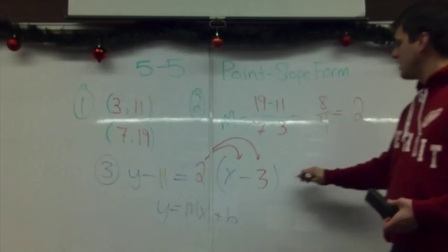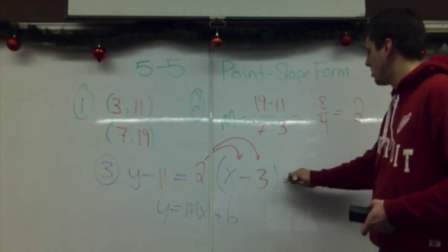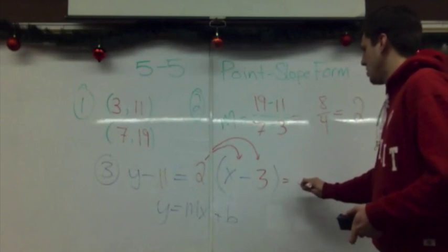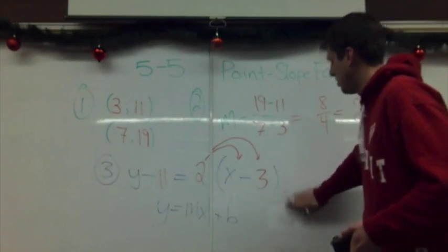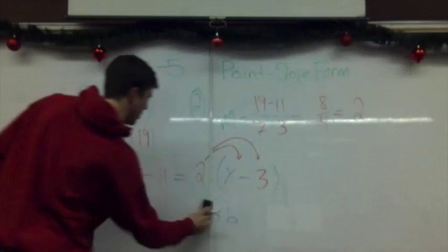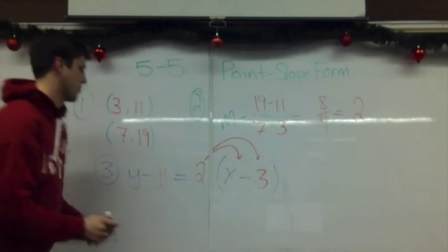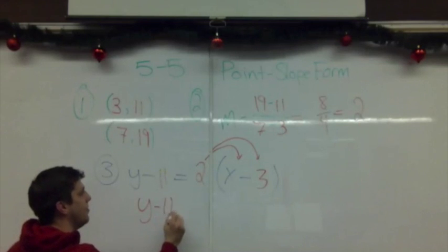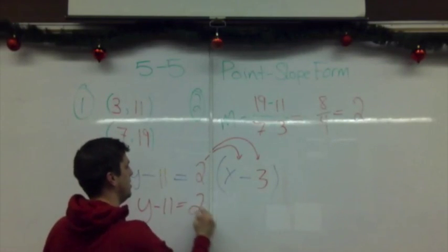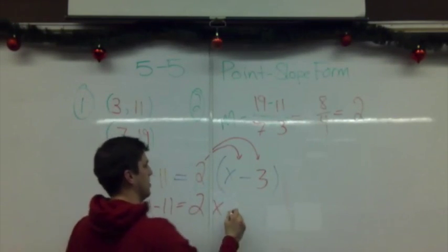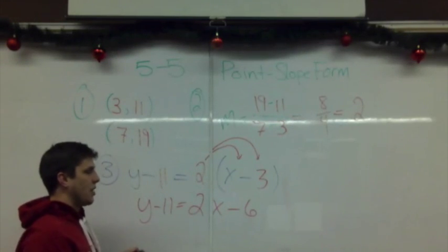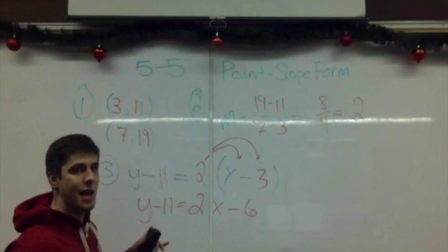And that is going to go to y minus 11 equals 2x minus 6. Now our goal is to make it look like y equals mx plus b.